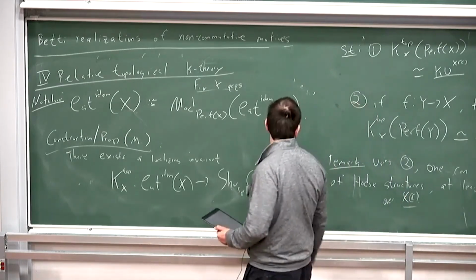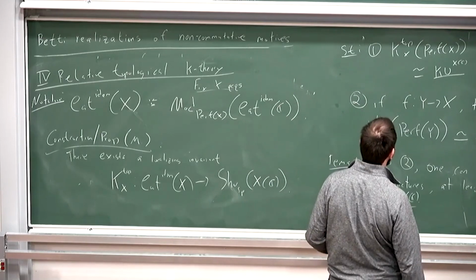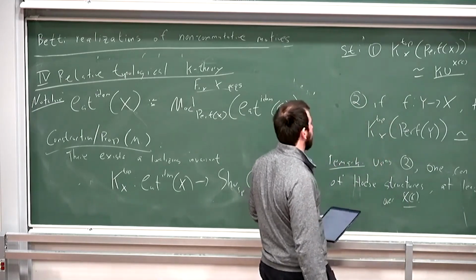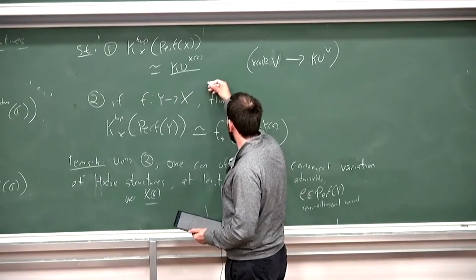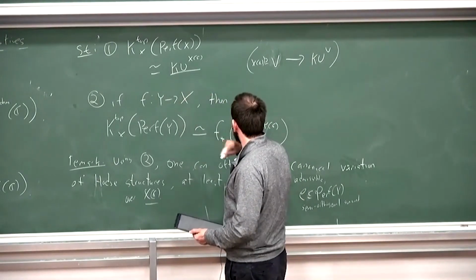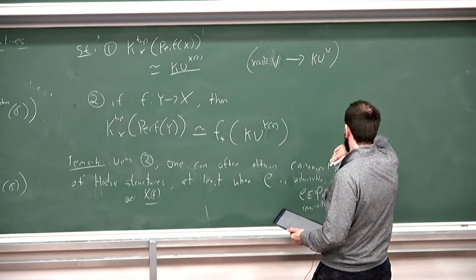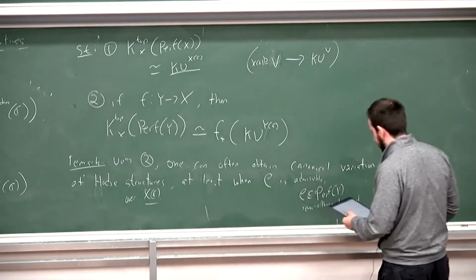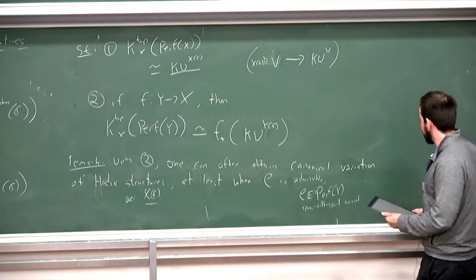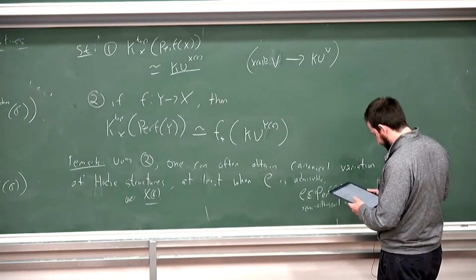Oh, yeah, in that case, maybe. I didn't write down the hypothesis, but maybe relatively separated finite type over X. I'll leave it like this, but I can look later. I don't remember now.